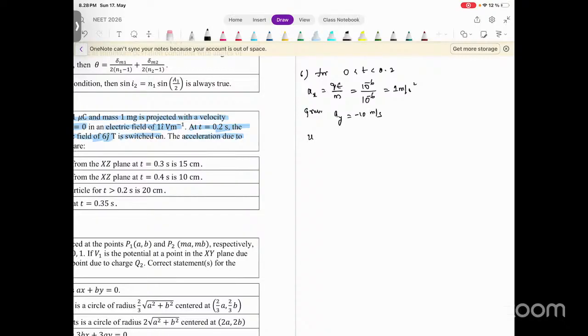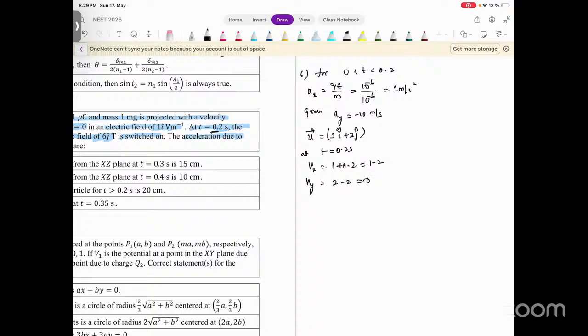So the initial velocity, u bar, is equal to 1 into i cap plus 2 into j cap. Then at t equal to 0.2 seconds, as asked, velocity along the x-axis will be 1 plus 0.2, that will be equal to 1.2. And vertical velocity along the y-axis, Vy, will be equal to 2 minus 2.